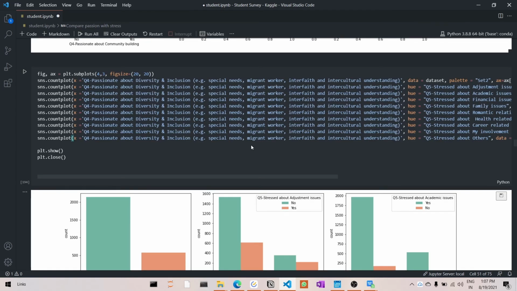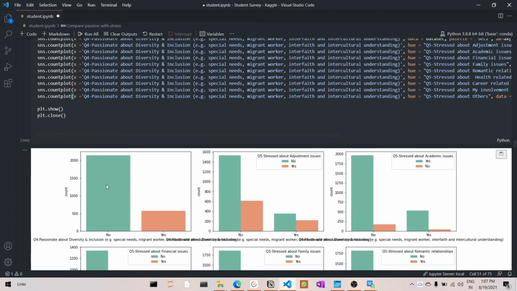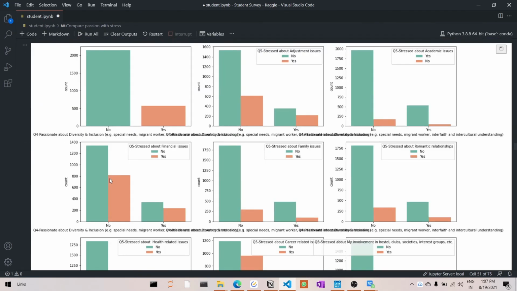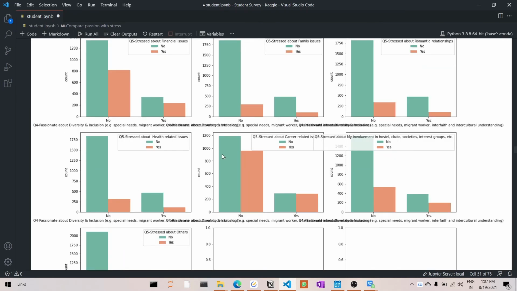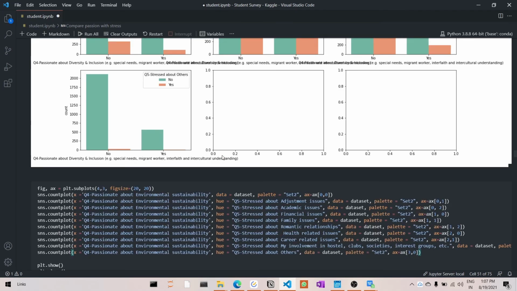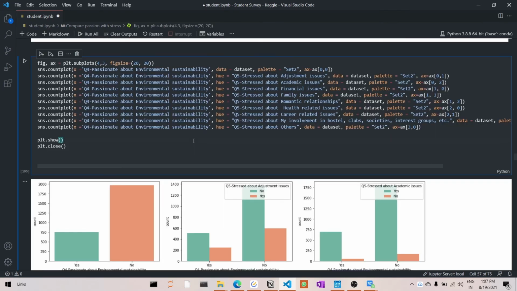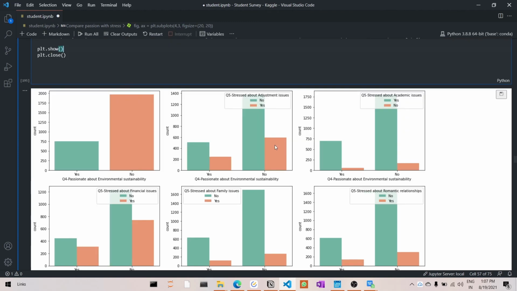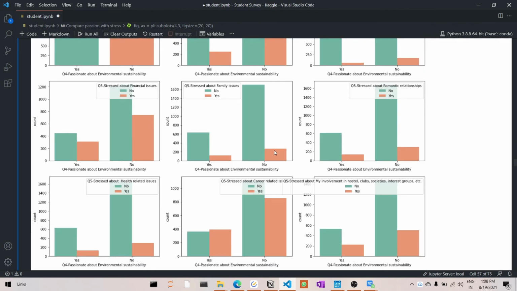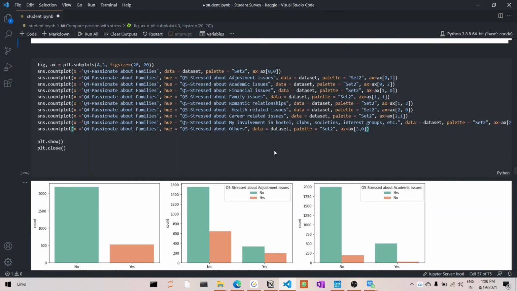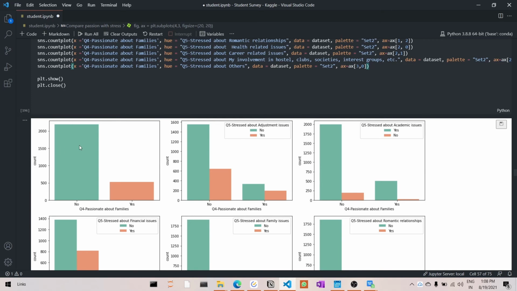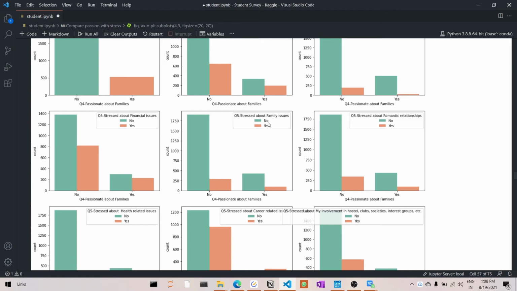Then we are going to compare passionate about diversity and inclusion with various stress count. So the no count is still high and we can see the different stress count. Then we can see the passionate about environmental sustainability, and here we can see the stress count. Then the next, passionate about families and various stress counts. So you can see most of the students are not passionate about their families, and here you can see the various stress counts.